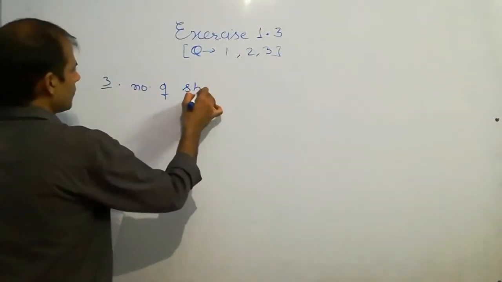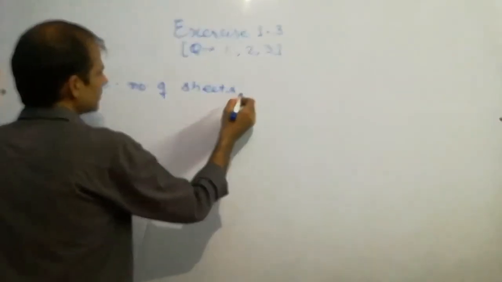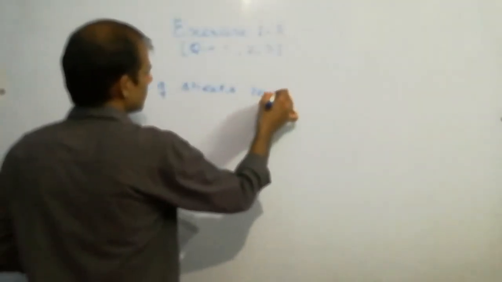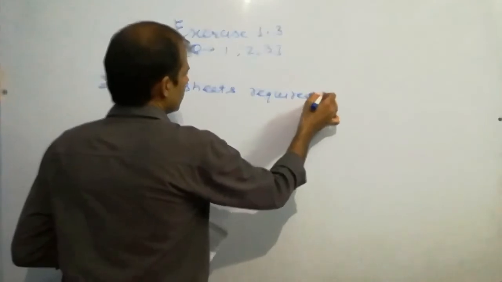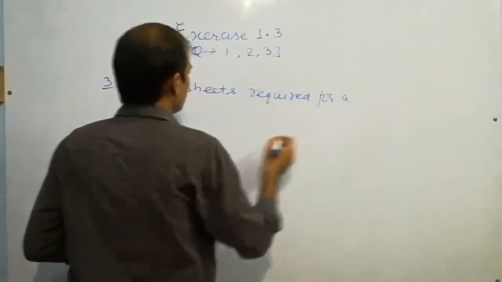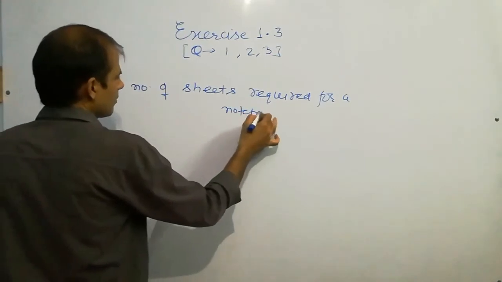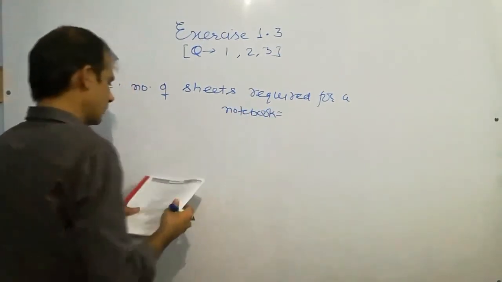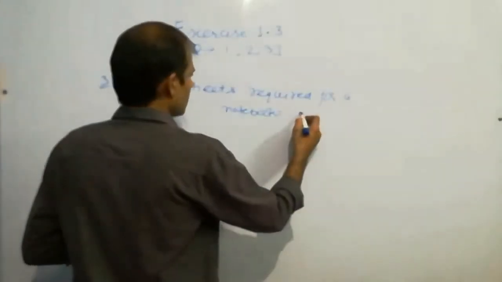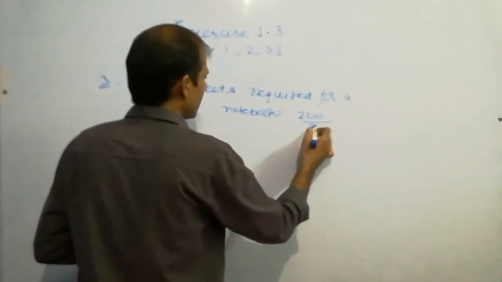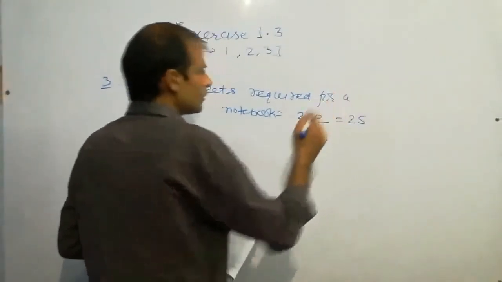Number of sheets required for a notebook equals 200 upon 8, that is 25.